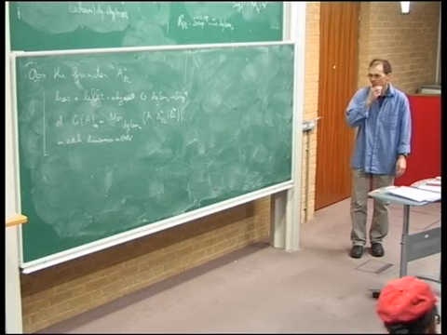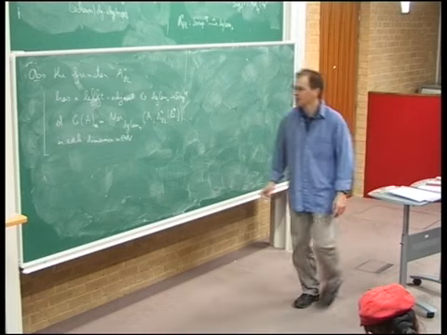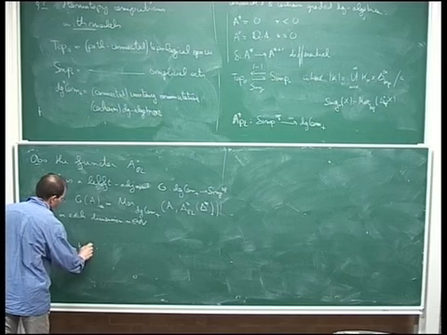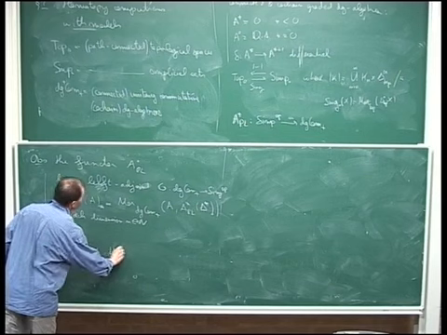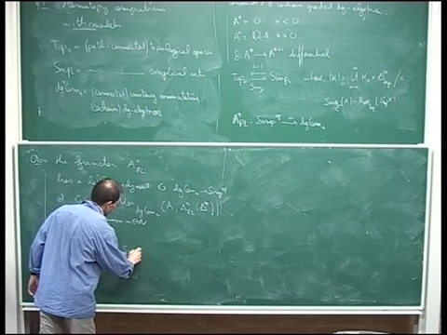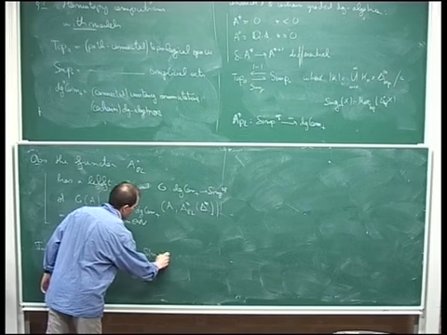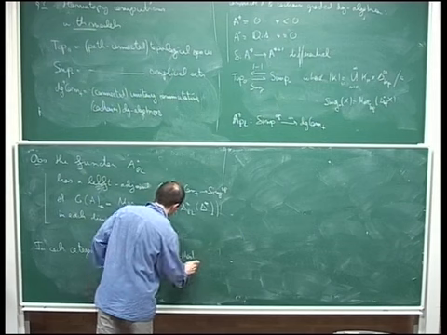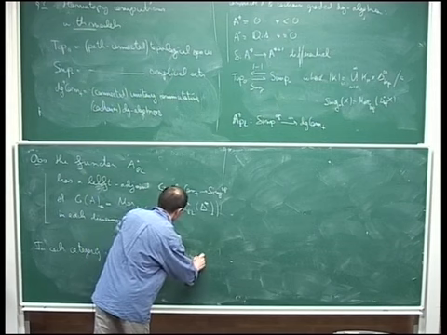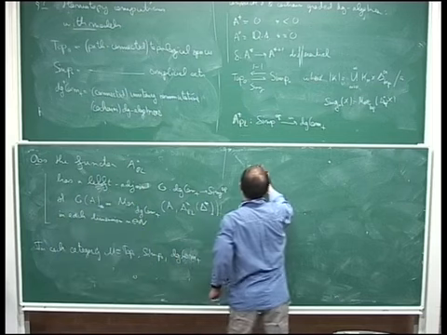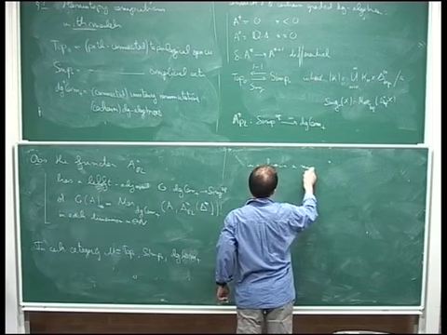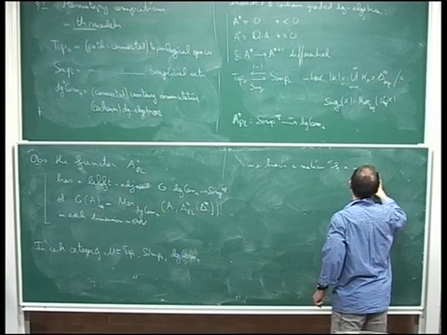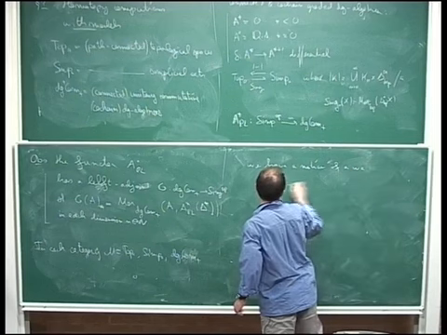Okay. So to do homotopy theory, in each category, let's say M, one of these categories, we have a notion of weak equivalence.